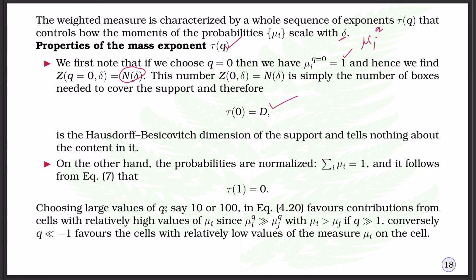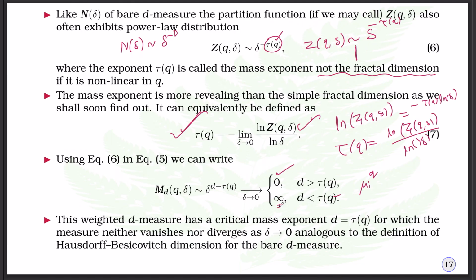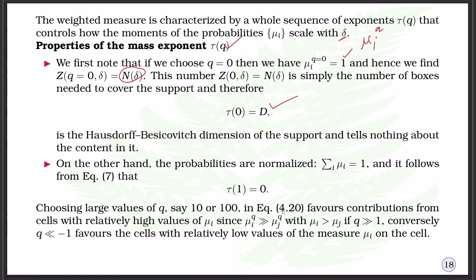Choosing a large value of q, say 10 or 100, in equation 7 favors contributions from cells with relatively high value of mu_i, since mu_i^q is relatively greater than mu_j^q, with mu_i greater than mu_j, if q is greater than 1.